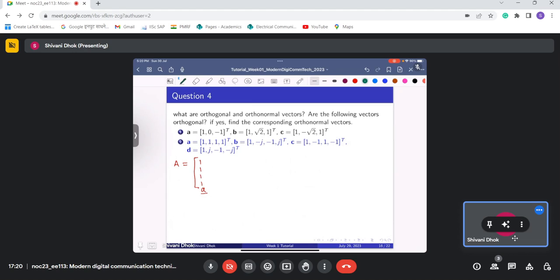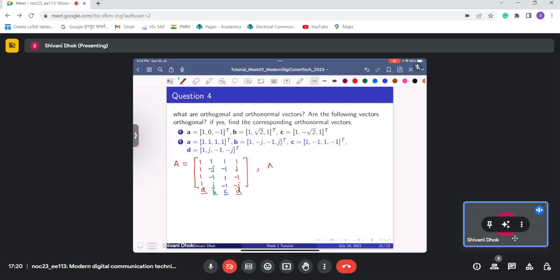Then I have 1 minus j minus 1 j, this is B bar. Then I have 1 minus 1 1 minus 1, this is C. And this is D, that is 1 j minus 1 minus j.